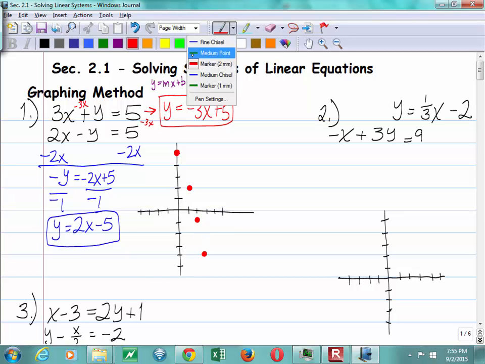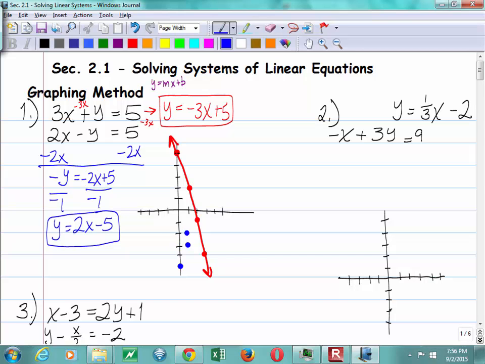Okay. Alright, and then the other equation has a y-intercept at negative 5. And the slope is positive 2, so I'm going to go up 2 over 1.